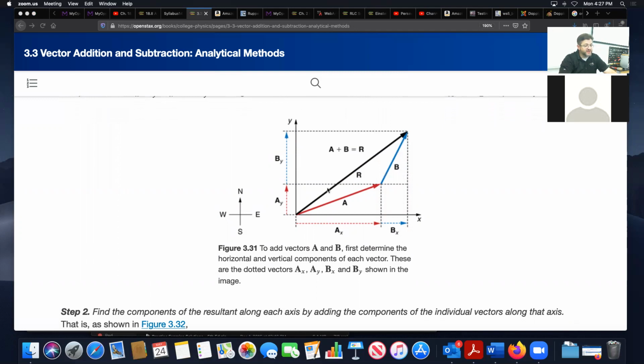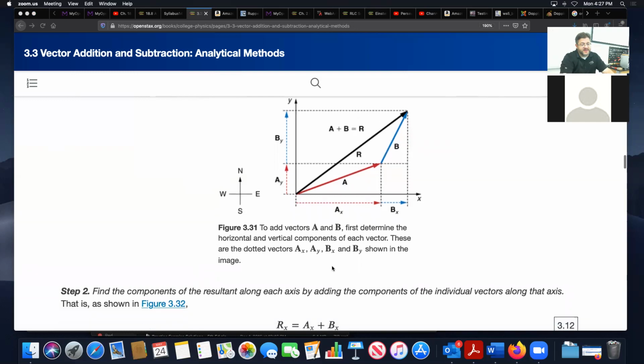And then the resulting vector is the sum of the X components, which creates a new X component for the result vector, and the sum of the Y components. You're just adding them like numbers. It's not even vector algebra or anything, vector arithmetic. If A sub Y is 5 and B sub Y is 6, then it's 5 plus 6 is 11. And you're good to go. That's R sub Y is 11. Simple, right?